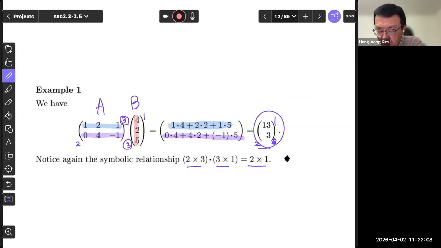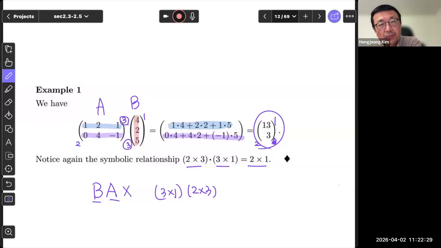The problem occurs when I try to multiply B and A, because B is a 3 by 1 matrix and A is a 2 by 3 matrix. So the number of columns of the first matrix does not match the number of rows of the second matrix. So this one cannot be defined.